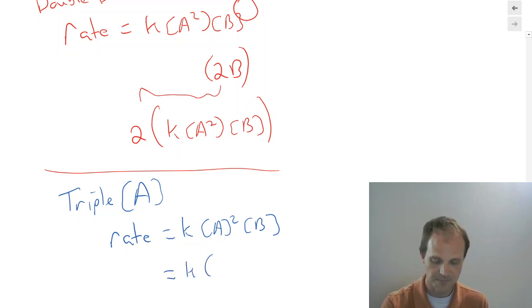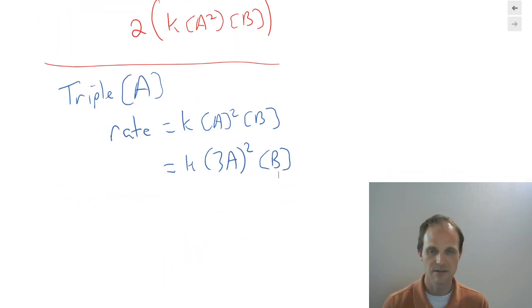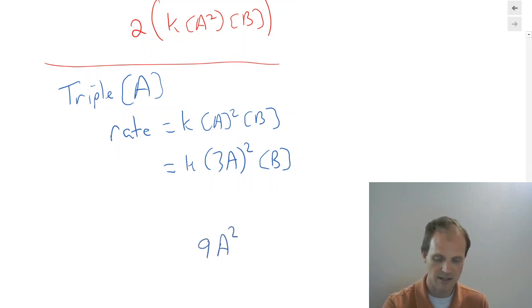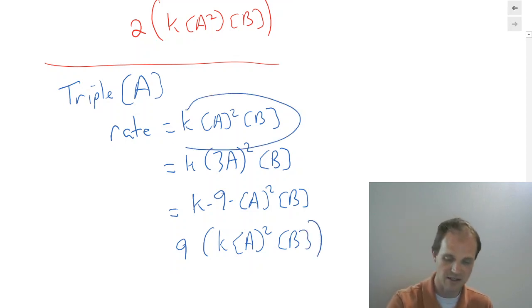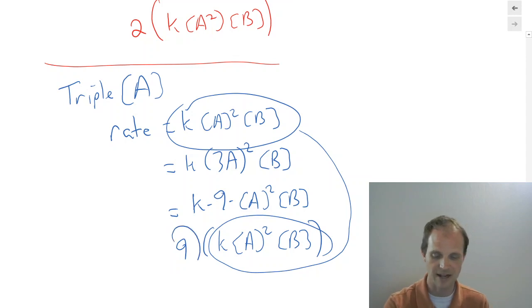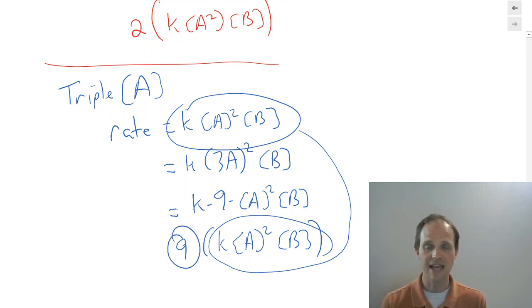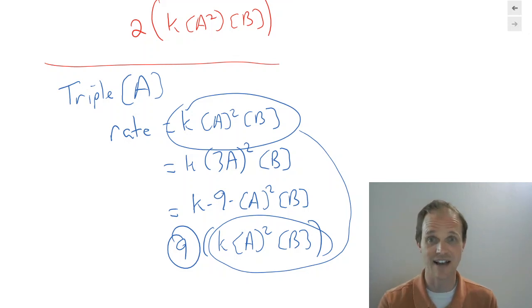So it's k (3A) squared B. Well, (3A) squared is going to be 9A squared, so this is going to be k times 9 times concentration of A squared times B. I'm going to move that 9 all the way to the front, and I get 9 times k A squared B. Hey, look, k times A squared B, that was my initial rate. So by tripling A, because A is squared, I now have 9 times the rate.